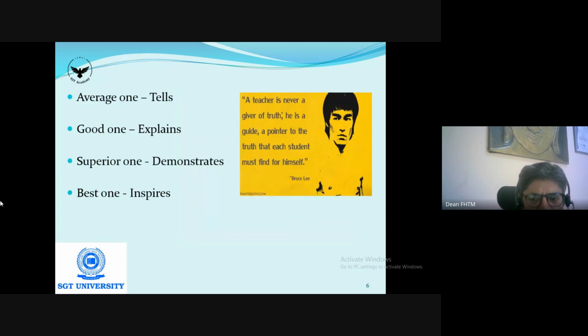the simplest reason is each person comes to a class with a different objective. What they want to learn, what they want to achieve is different. And hence, the truth will be different for each person.